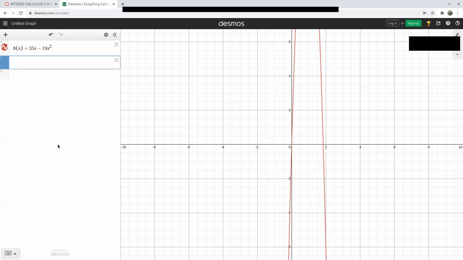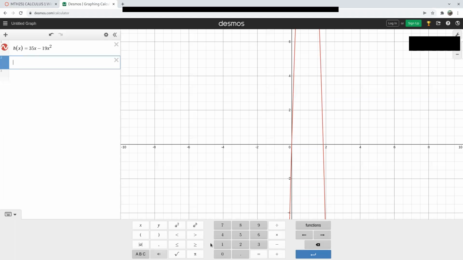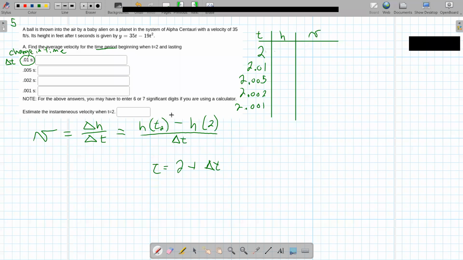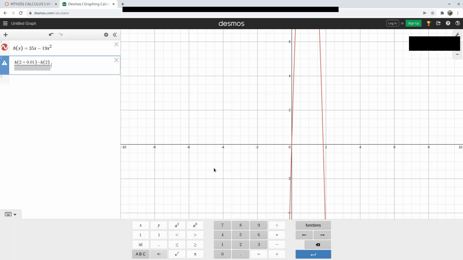All right, so slopes, we set up a fraction first, and then I want h of 2, and then I'm going to put a plus, and then my first change in time is 0.01. And then I want to subtract from that h of 2. That's my numerator. Double check my notes. All right, my t2 is always 2 plus the change in time, minus the height at 2 seconds in.